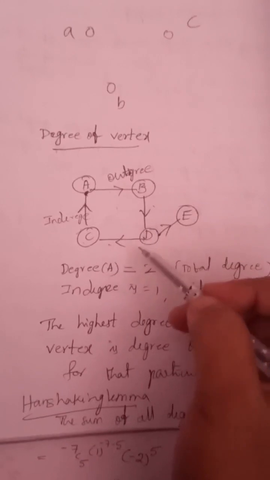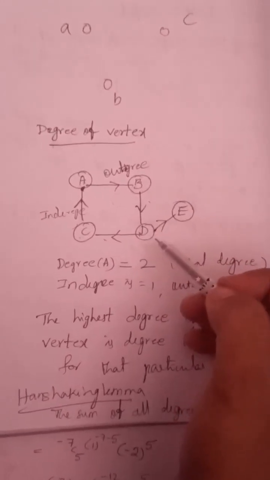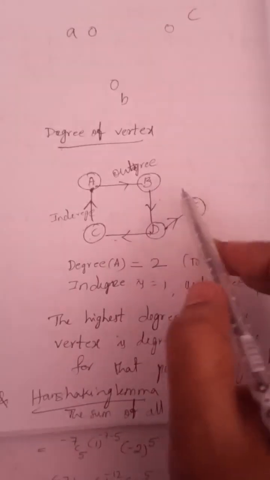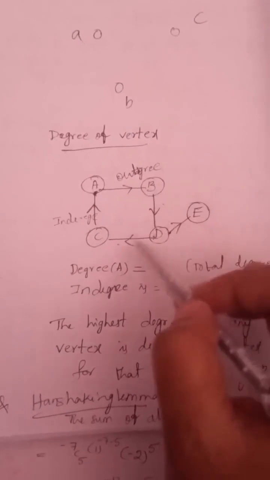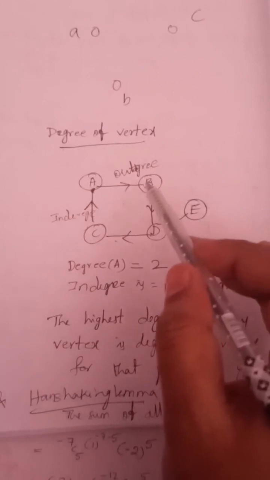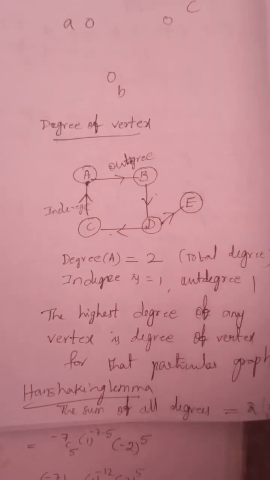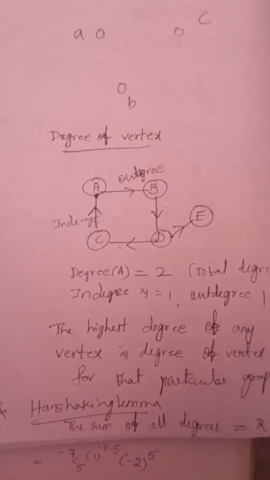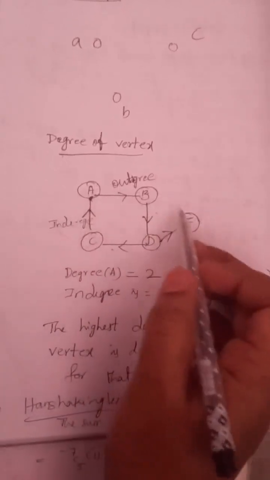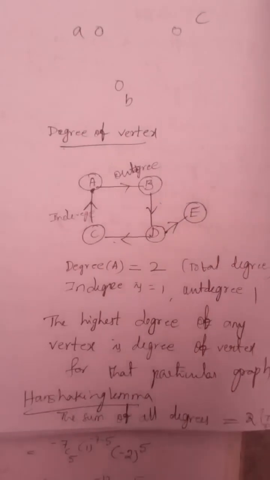So actually here the degree of vertex is 3 for D. Remaining 3 are 2. So 3 2s are 6 plus 3, 9. And if we make the edges double, that is 10. Actually here this is not a closed graph. In case of a closed graph we will get that concept.